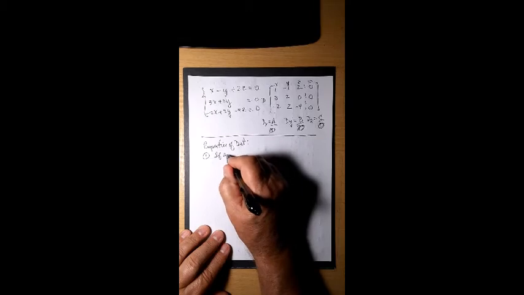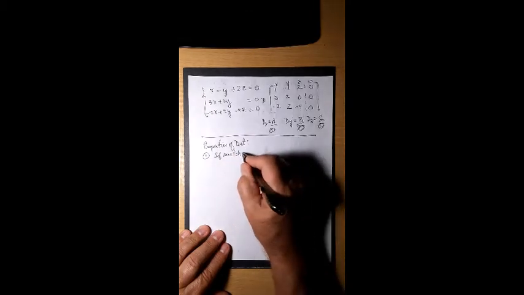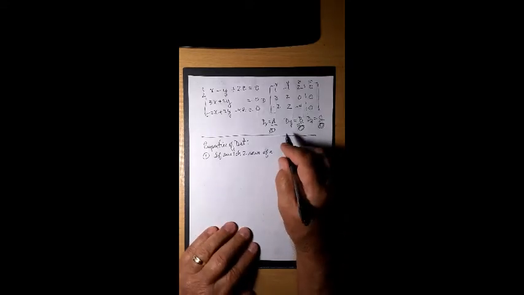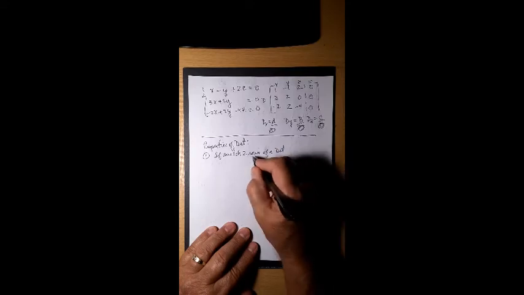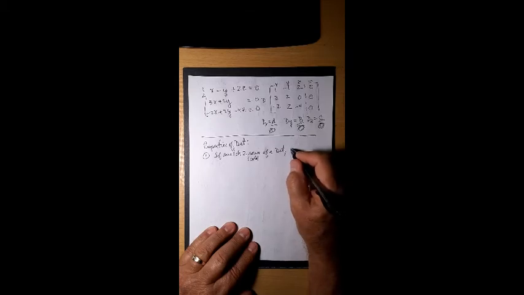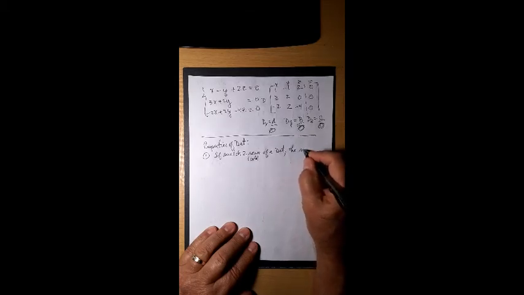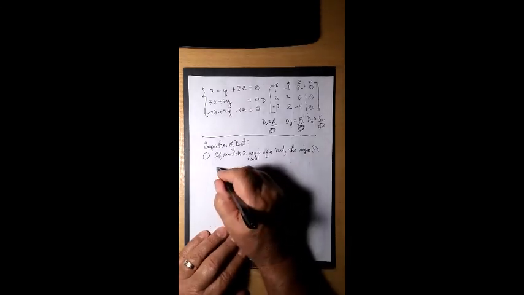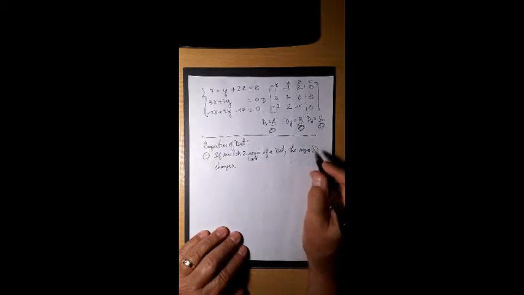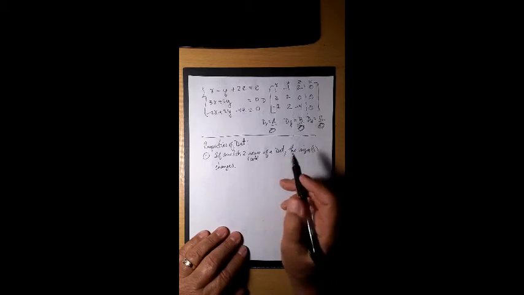If you switch 2 rows of a determinant or columns, it doesn't matter, the sign, plus or minus, changes. So if it was a positive 5, it'll become a negative 5 if you switch 2 rows or columns.